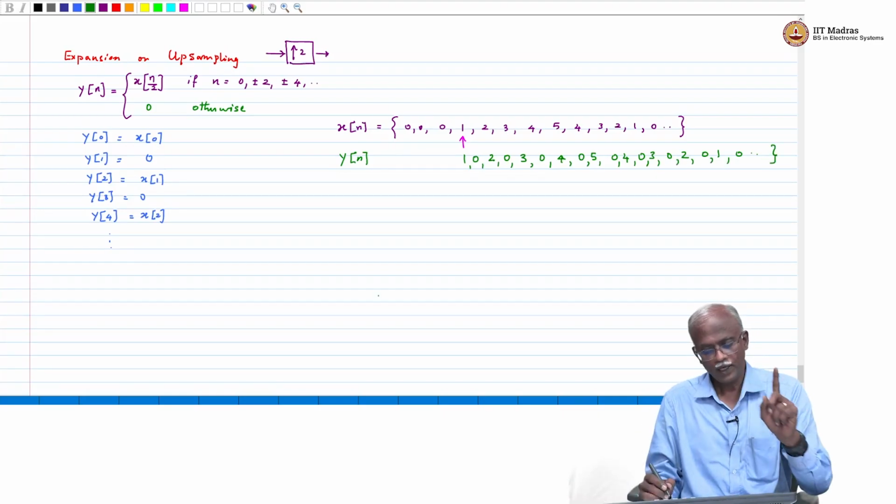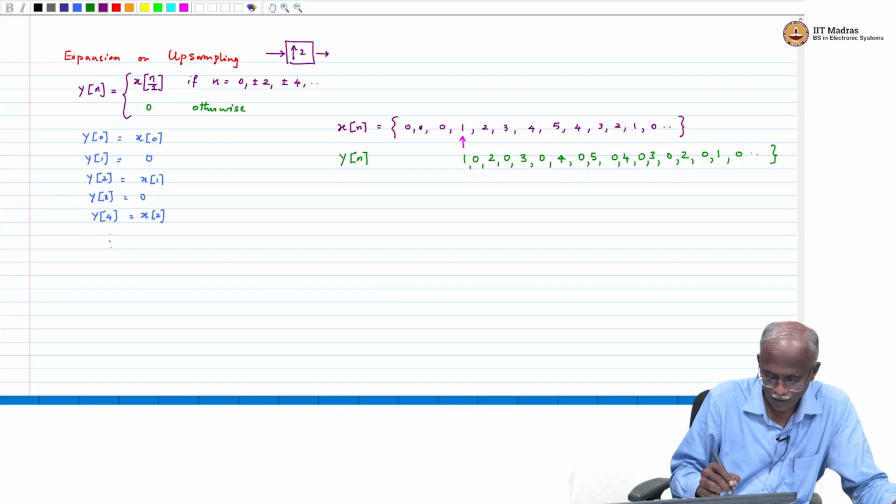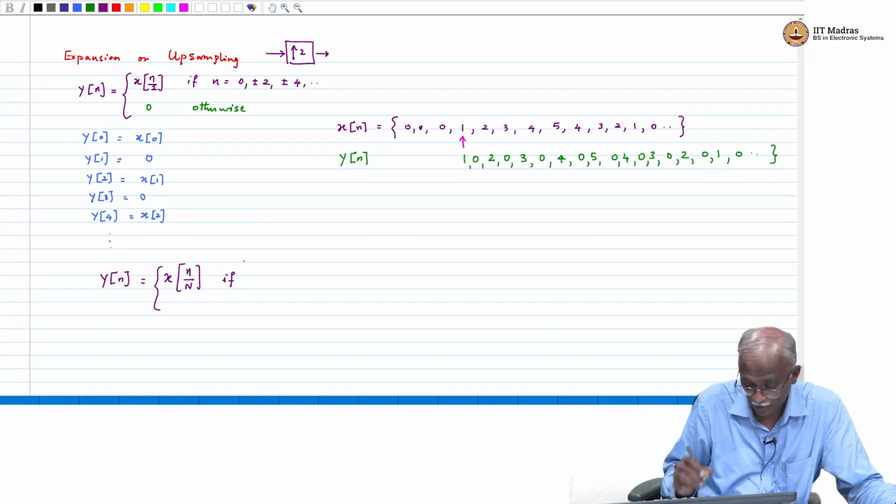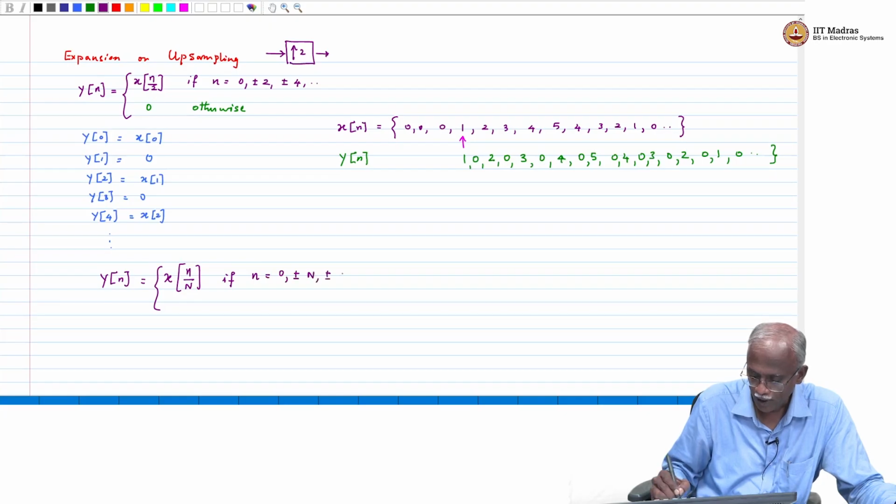Now, the general case of expansion, y of n equal to x of n by an integer capital N, x of n divided by N if n by N is an integer. This will be true if n is equal to 0, plus minus N, plus minus 2N, and so on.